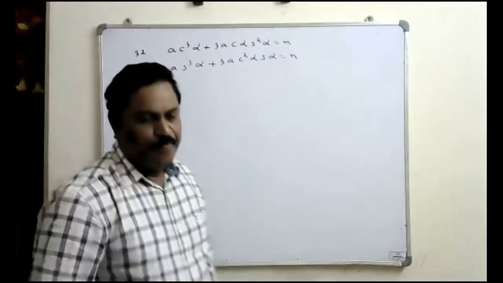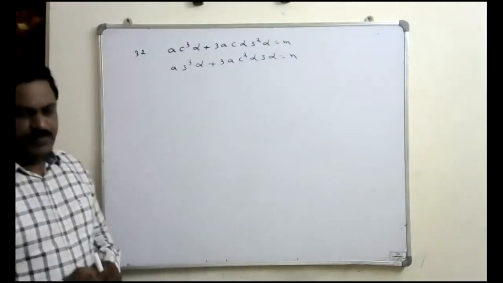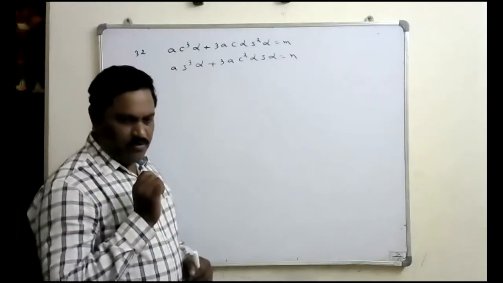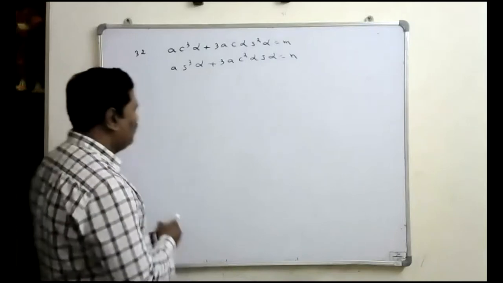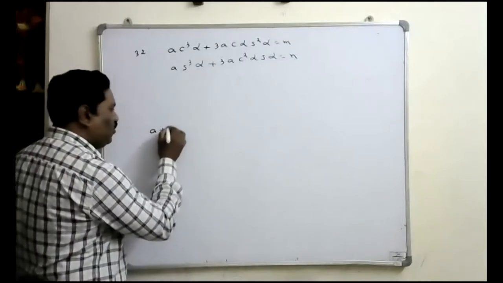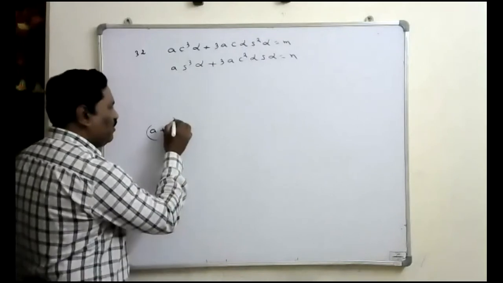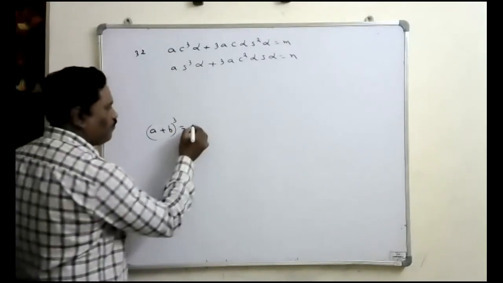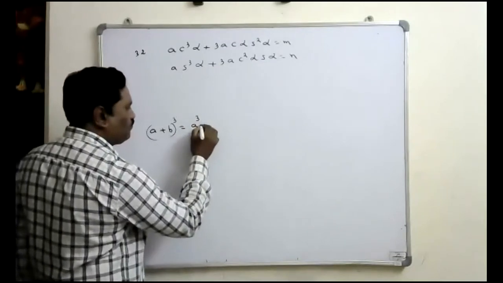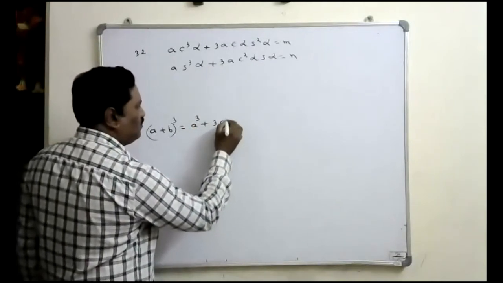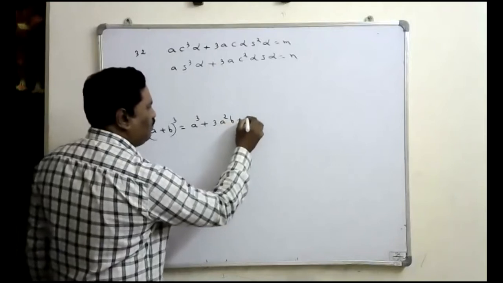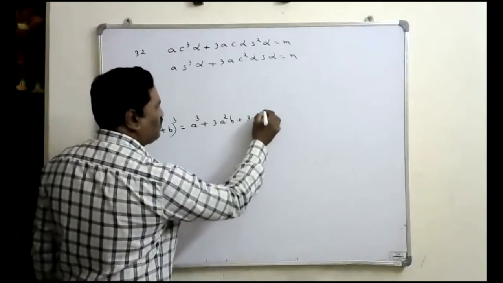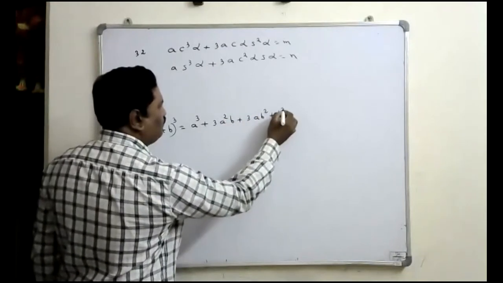Okay. Before going to solve this problem, once we have to recollect the formula for (a plus b) whole cube. What is the formula for (a plus b) whole cube? a cube plus 3a square b plus 3ab square plus b cube.